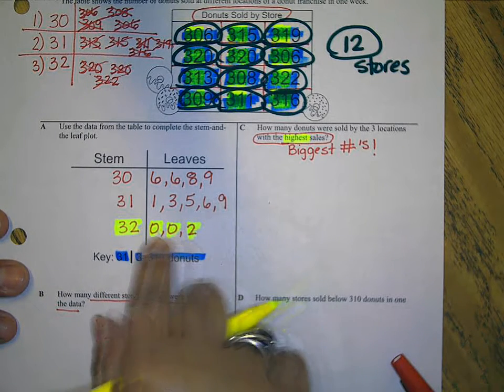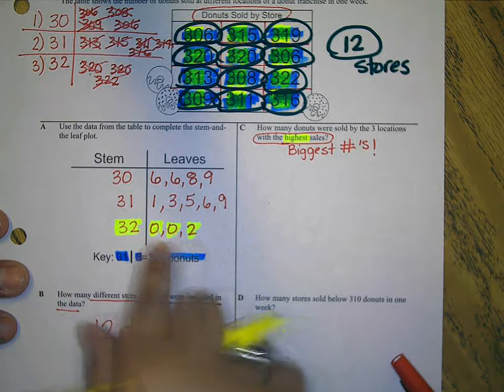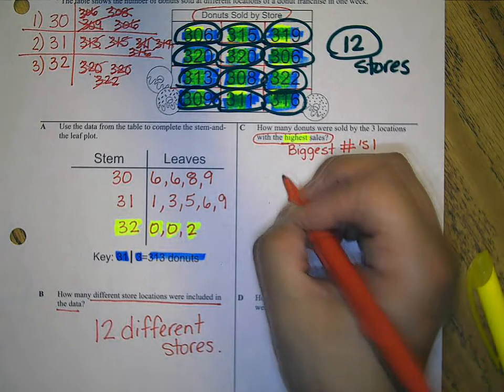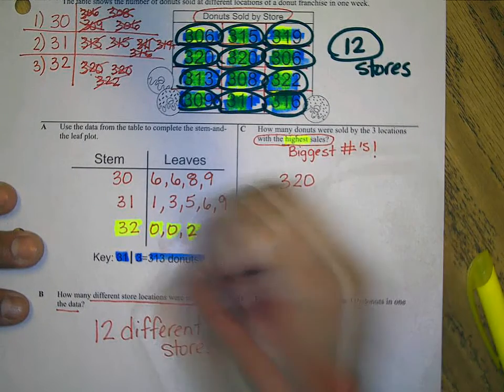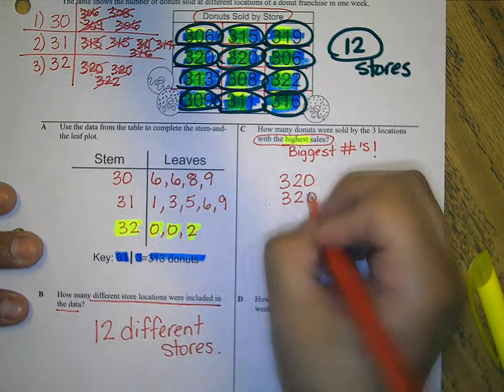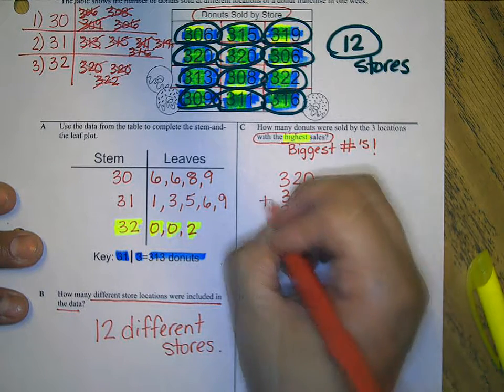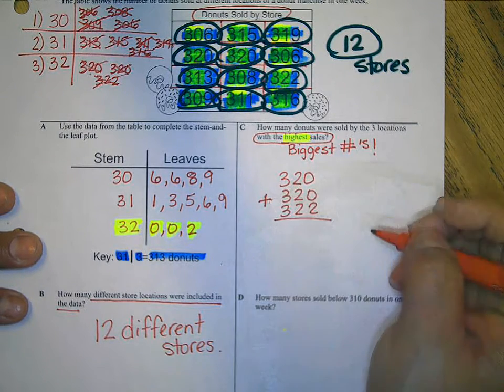Well, did I not just highlight the 3 locations right here? Yes. Aren't those the highest? Yes. So what are the donuts sold there? Well, first I have 320, another 320, and 322.